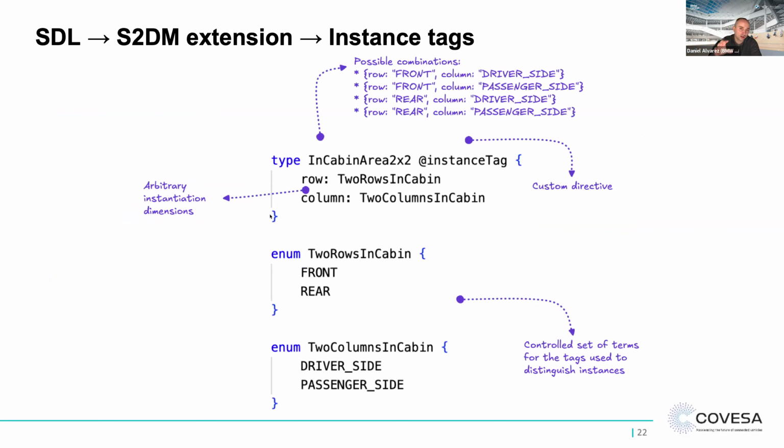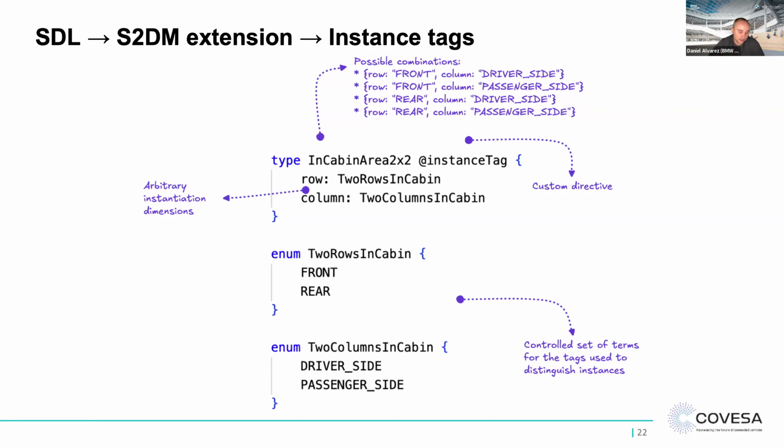So far, we have a common set, I call it instance tags. These are types that distinguish a particular occurrence of an entity, like the in-cabin area 2x2, which might be reused by the window, by the seat, by the door. But it can be arbitrarily selected by you, right? You're not obliged to use this, and you can extend it as much as you want.